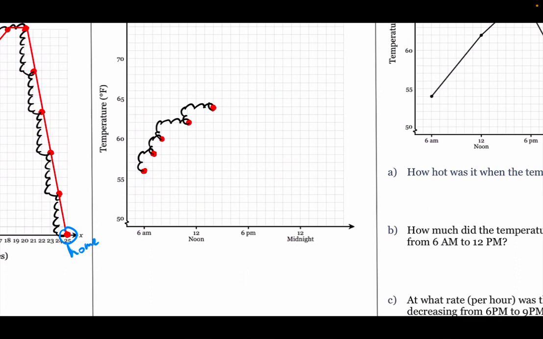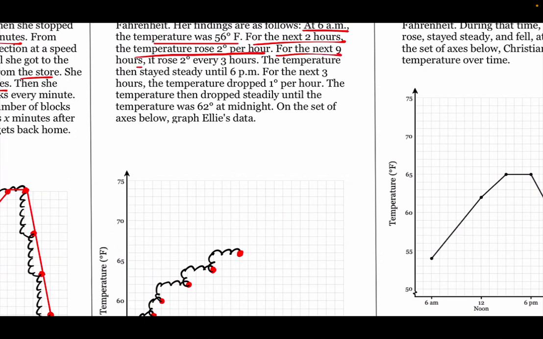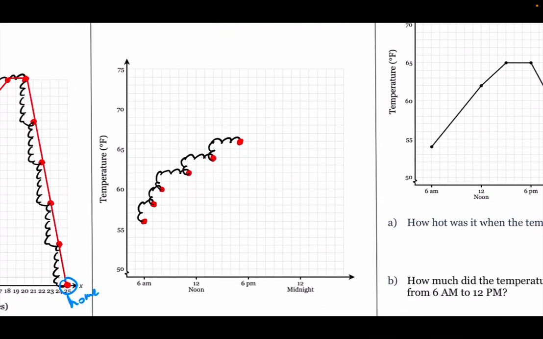Till I get to 5 p.m. And there I am. That's 5 p.m. right there, right before 6 o'clock. That was the next set of directions, because it said it went up 2 degrees every 3 hours.